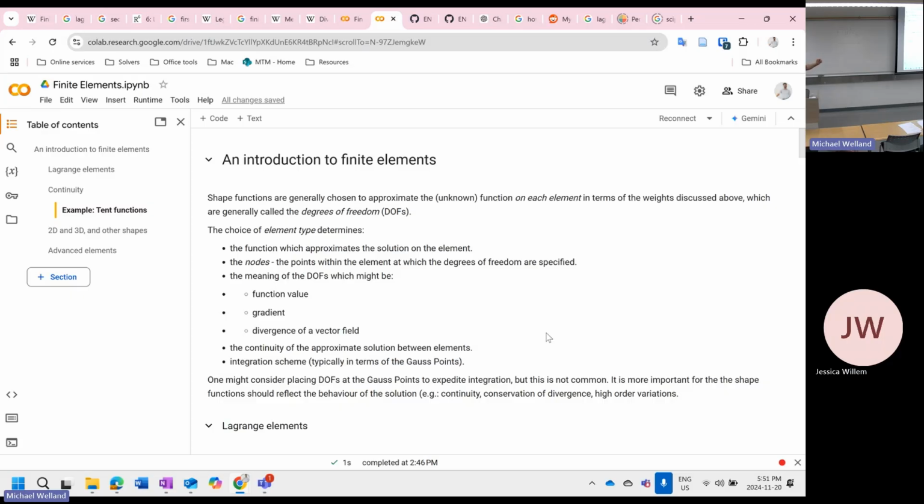Finite elements. Expansive field. People go deep into this thing. What you want to do is, say you have an interval in 1D, and you want to approximate some unknown function on it. There are a few ways we could do this.